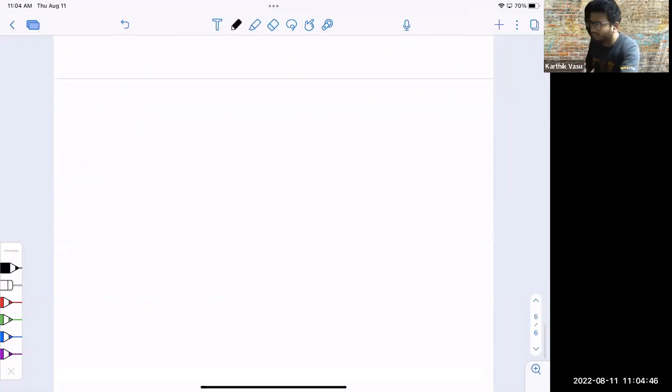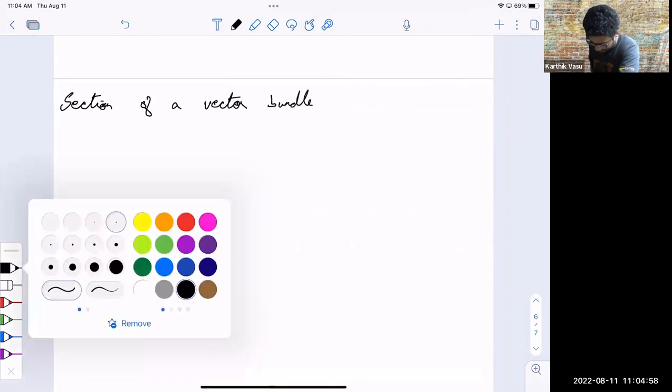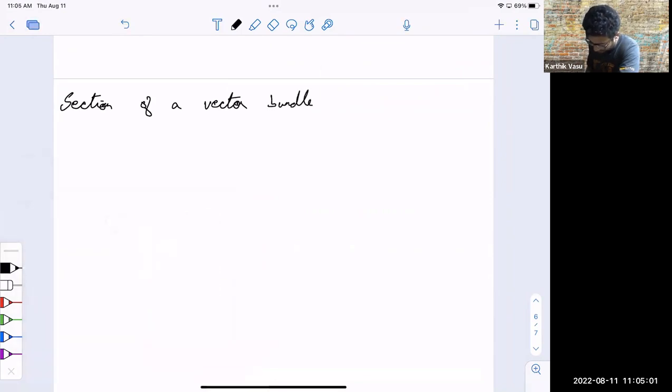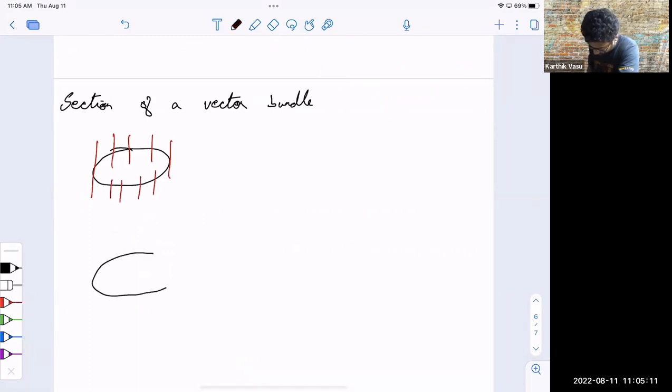Now I just want to say what a section of a vector bundle is. So again I'll draw the usual vector bundle I had. This is a projection map.